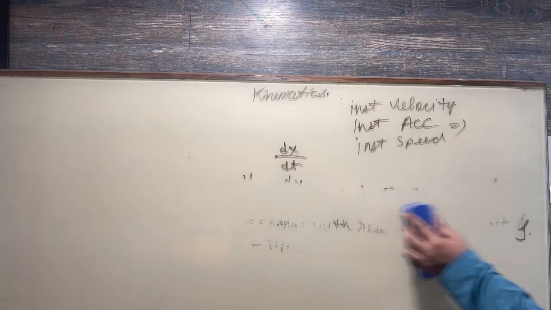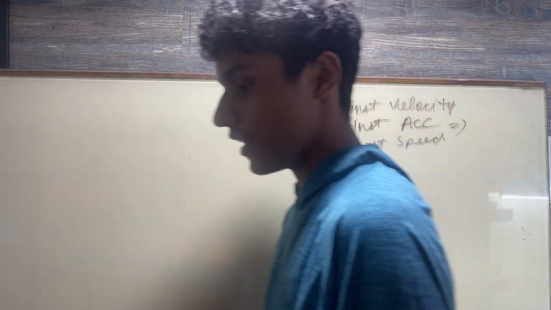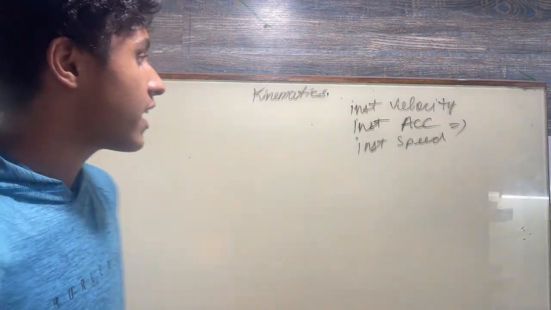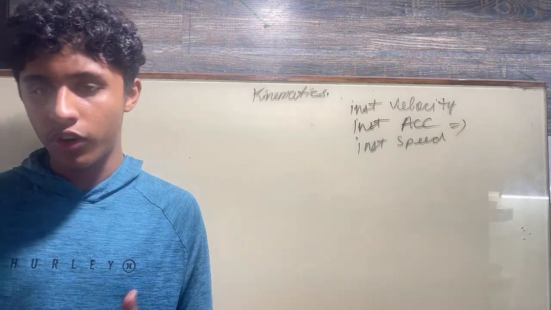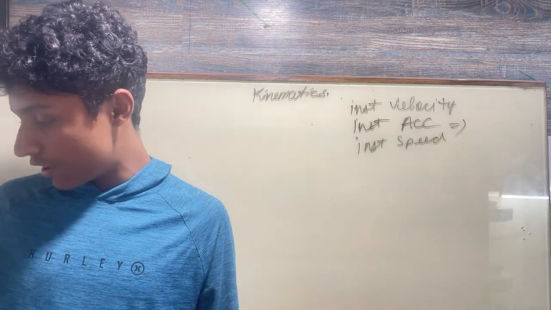So what we basically just have to understand, which is very simple, is that through a question now you're going to understand how we really use these terms. So let's talk about a question real quick.